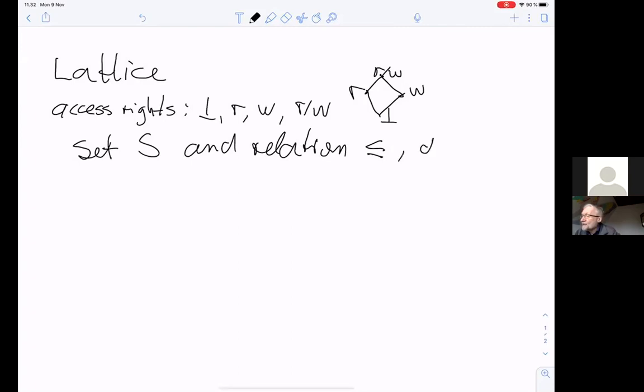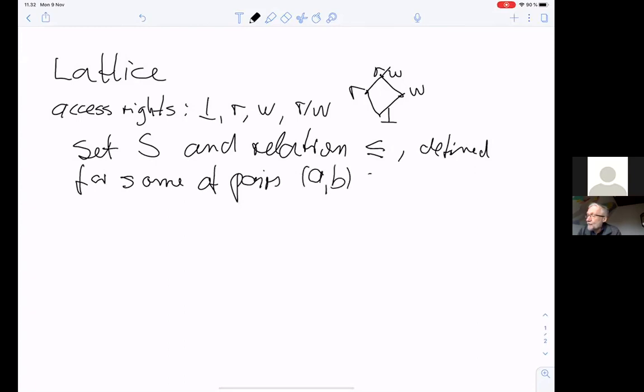This relation is defined for not all, but possibly some of the pairs, let's say A and B, where both components in the pair are in S. When we say that A is less than or equal to B, what this means is that the relation less than or equal is defined for A and B, and we have decided that in this set, in this context, A is less than or equal to B. This could refer concretely in a system to concrete access rights to something, but it could also be different, and we'll see what the possibilities are later on.